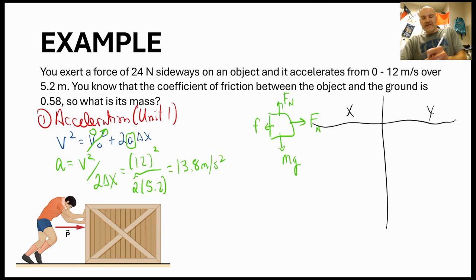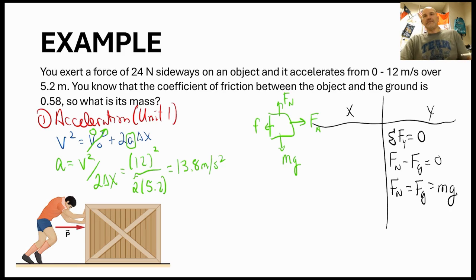This is very typical of a friction problem. In your y direction, the sum of the forces is 0, and you have Fn minus Fg equals 0, which then says Fn equals Fg, which equals mg. Now I need this because I have friction on the other side. Prior to this, there would have been no friction. So we need to do this because we need to figure out that normal force.